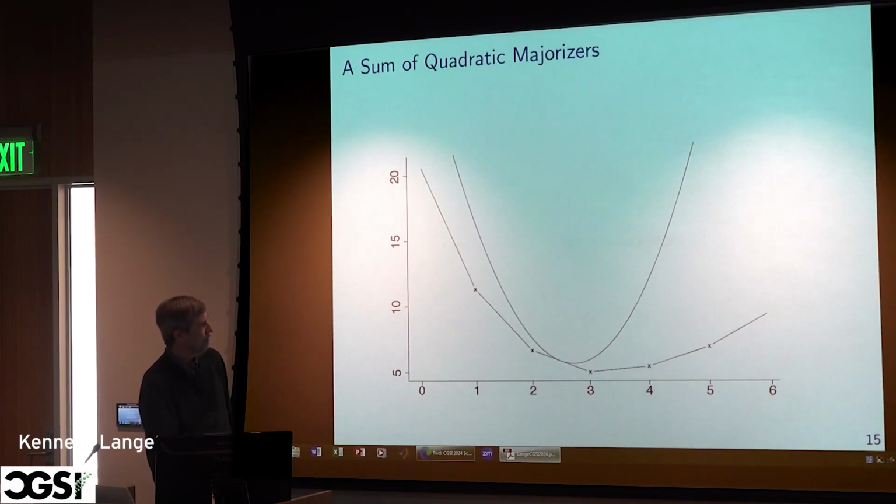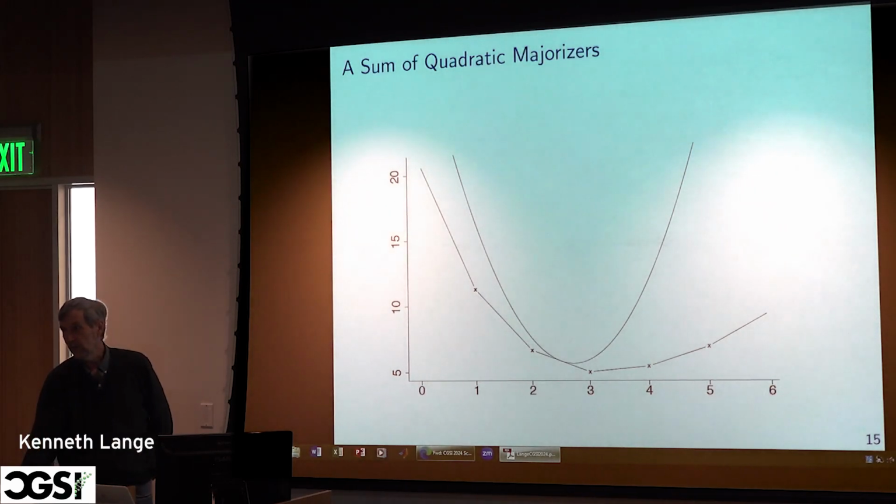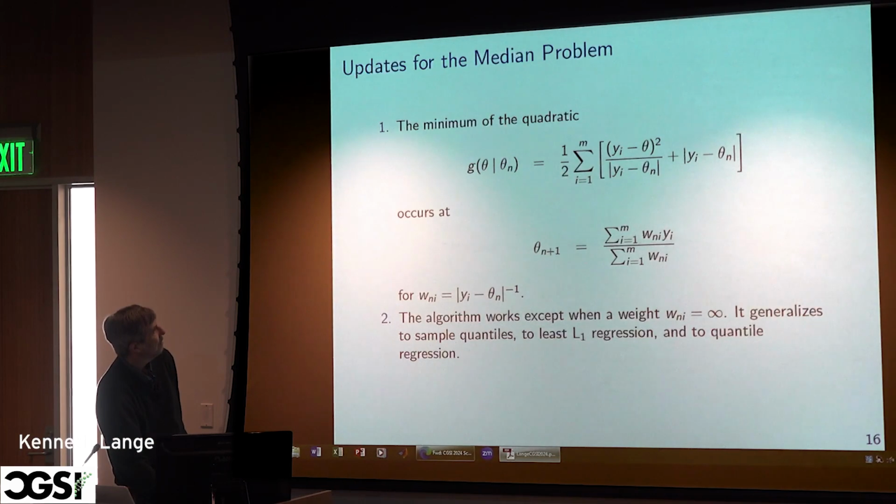So the original function looks something like that. It has these points of non-differentiability when you cross a data point. The quadratic is smooth. You can go to the bottom of the quadratic and improve your estimate of that least absolute deviation problem. So there's the surrogate.